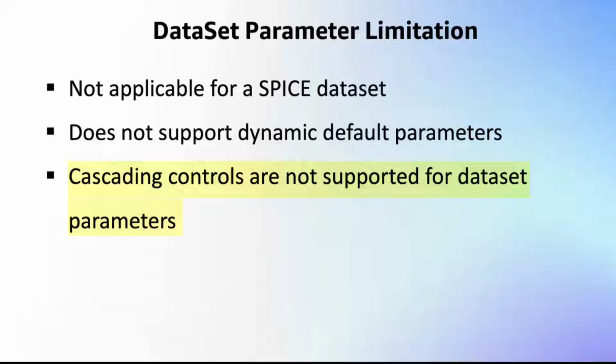If you are thinking about using dataset parameters in a similar scenario, dataset parameters do not support cascading controls. In that case, you just have to make those regular controls. But as long as you keep those considerations in mind, and we have more details available for reference towards the end of the call, you can get into relevant details as you build an analysis, dashboard, or use dataset parameters for your use cases.